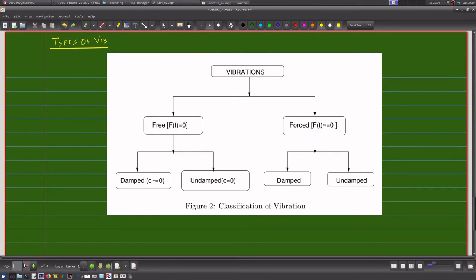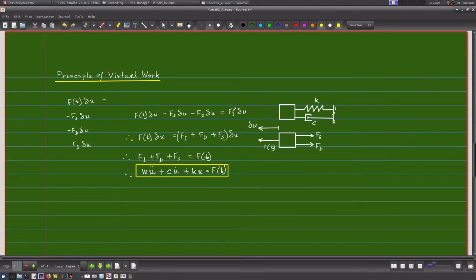For example, suppose I just pull this mass by some amount and then release it. Once you release, the mass will start vibrating, as you know. During that vibration phase, there is no external dynamic load acting.